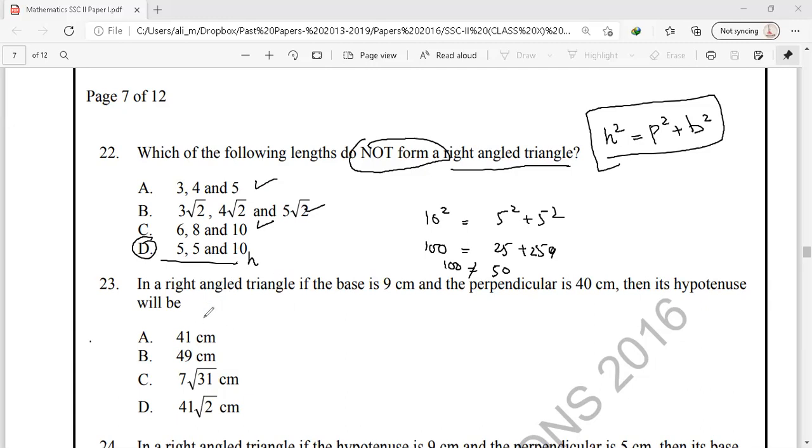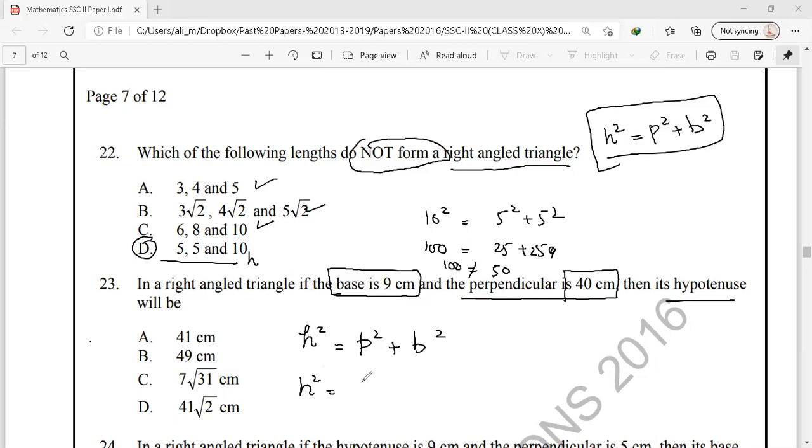Let's see question number 23. In this question, we have a right angle triangle with a base of 9 centimeters and a perpendicular of 40 centimeters, and we have to find the hypotenuse of the triangle. According to the Pythagoras theorem, hypotenuse square equals perpendicular square plus base square. So hypotenuse square equals 40 square plus 9 square. 40 square is 1600, and 9 square is 81.